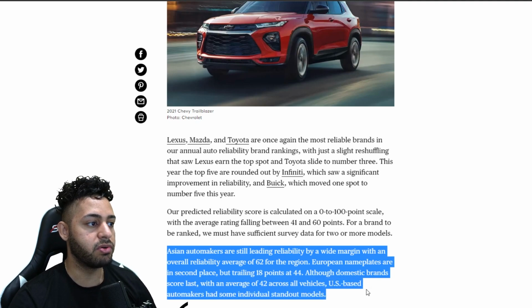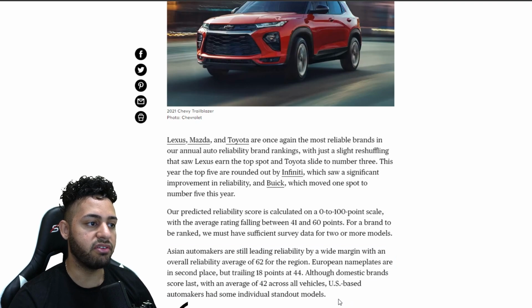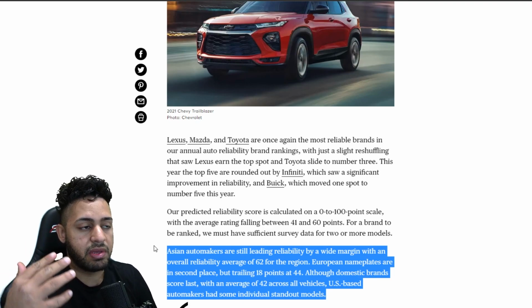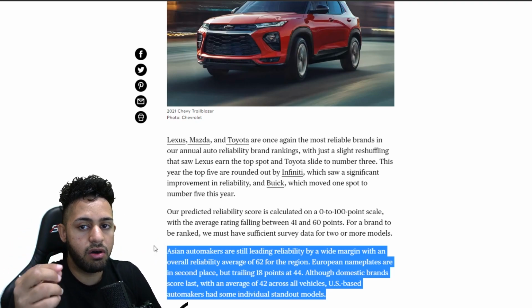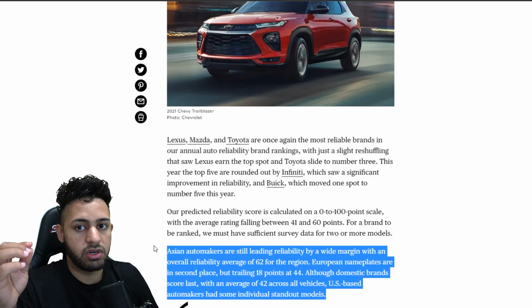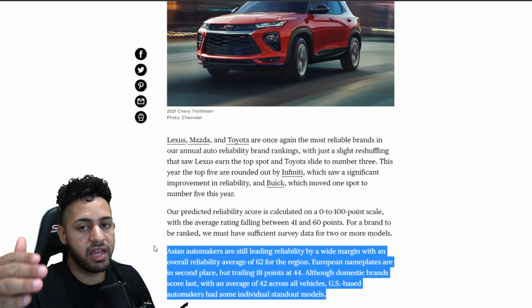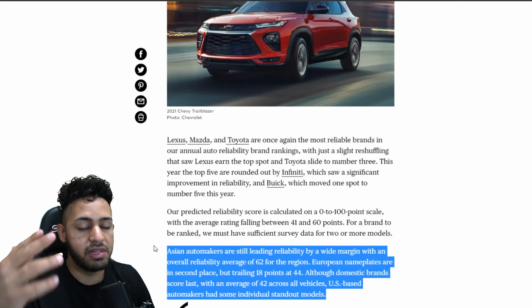US-based automobile makers have had some individual standout models. Now, of course, there are some models that are deemed very reliable. This is not actually coming from me, but overall it's just saying that not all American or domestic vehicles are rated low. There are some outliers that have a great reliability rating, right?